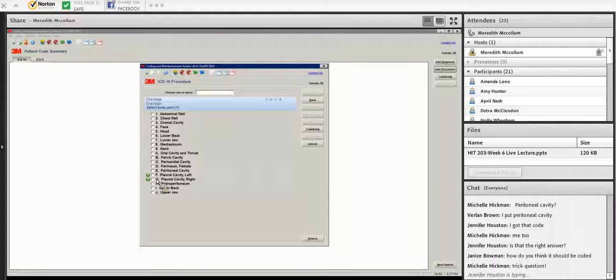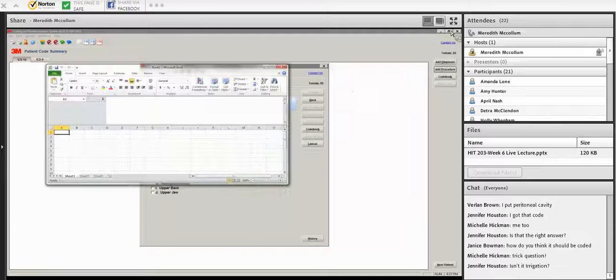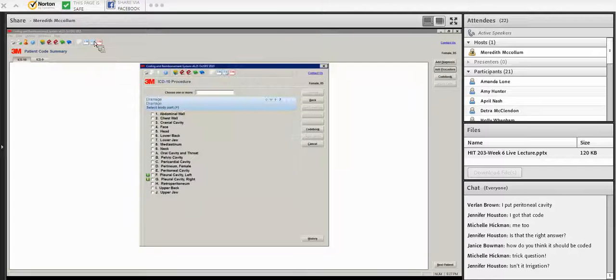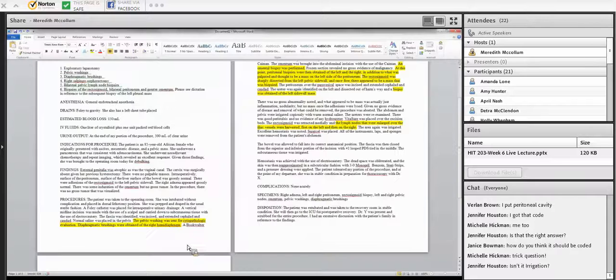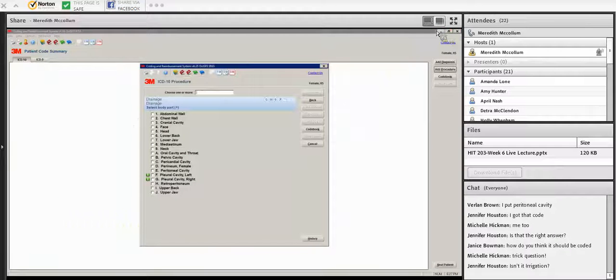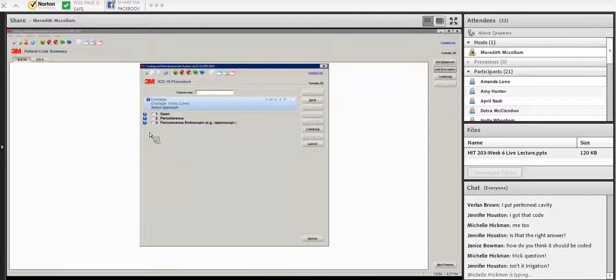Let me pull this up. Oh, wrong thing. I didn't mean to pull up Excel. Click the wrong thing. Yeah, because it's not saying if it's, oh, it's because I'm reading plural cavity. Okay, then that was open and no device, and it was diagnostic.